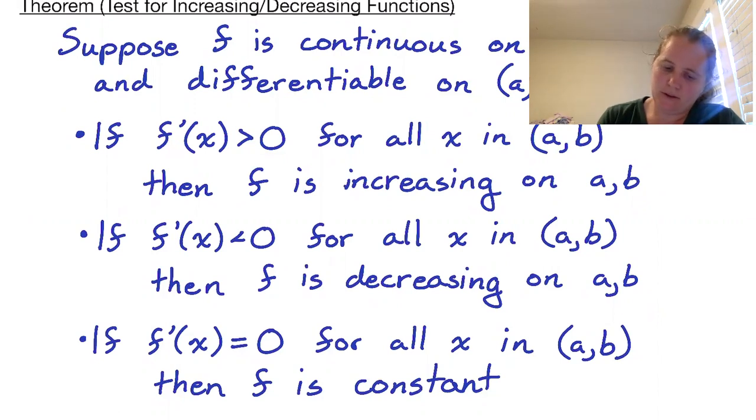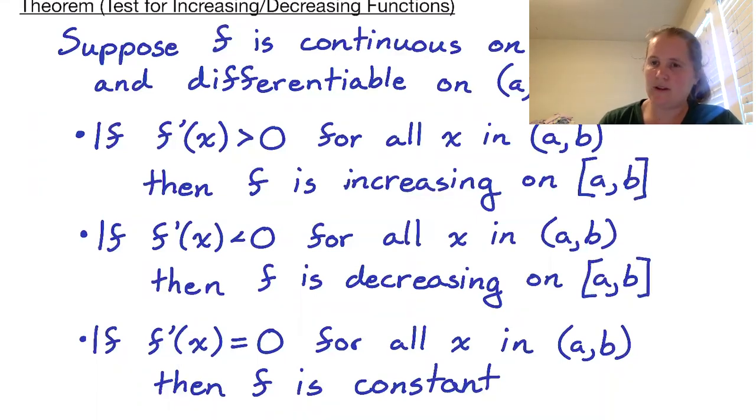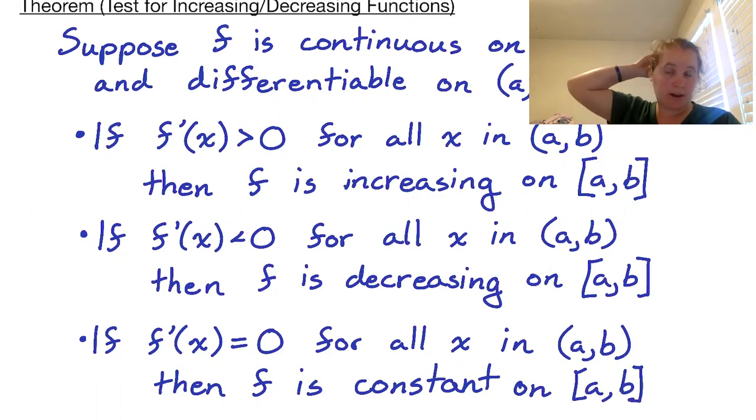So we have increasing on the closed interval [a, b], decreasing on the closed interval [a, b], and then constant on the closed interval [a, b]. This is where continuity really comes in, to be able to extend to those endpoints as well.